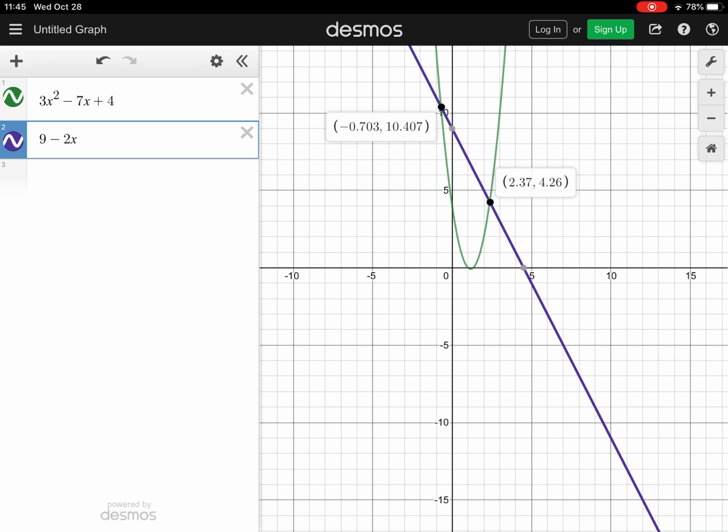So to wrap up our notes, our final answers here, let's use a pen, not a highlighter, is x is approximately, remember a wavy equal sign is approximately, so I don't have to spell out that big old long word, negative 0.703 and 2.37.